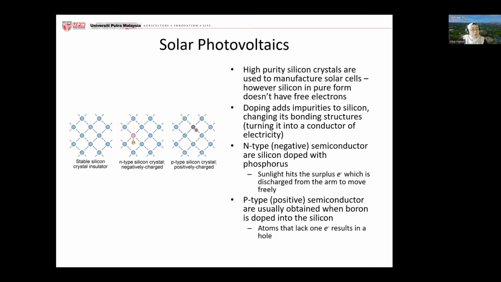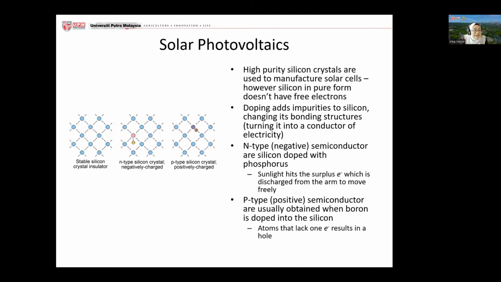If you heard, UPM had just signed an MOU with TNB, and we will have a PV field in UPM that will help reduce our electricity consumption. We see this in universities, in homes, and in big and even small industries. People are really going into this.